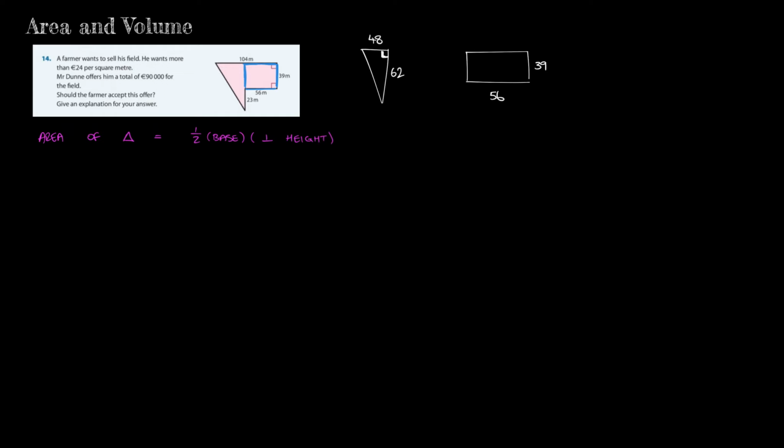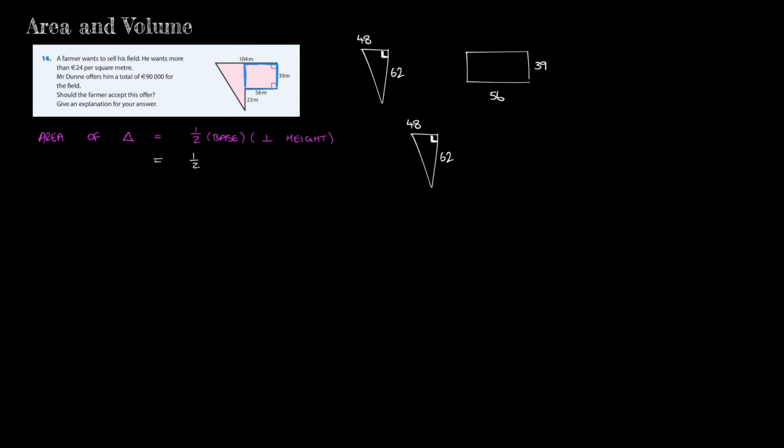In this case, I'm going to say that the base is equal to 48 and the perpendicular height is equal to 62. With that triangle, just in case people can't visualize it, what I'm actually doing is taking that triangle and flipping it this way, and I'm saying the base is 48 and the height is 62. I'll just show you that again.